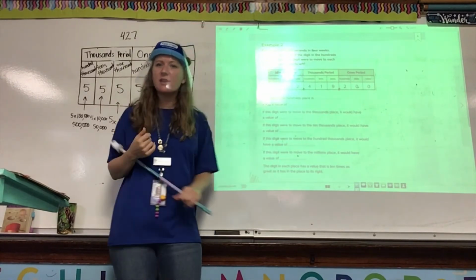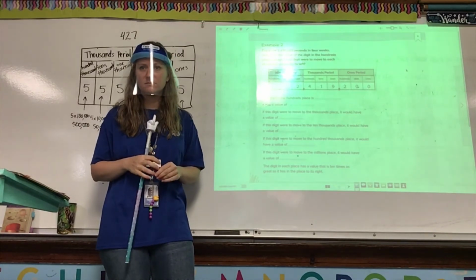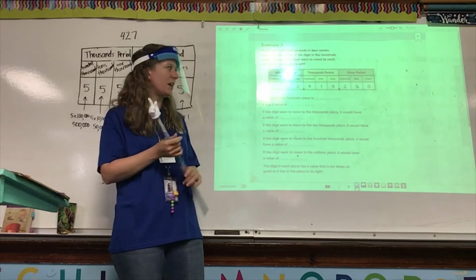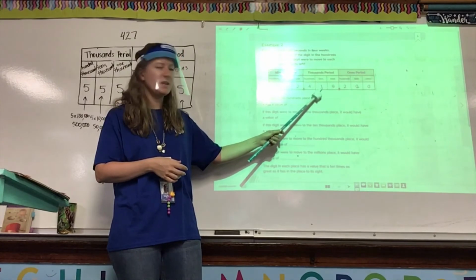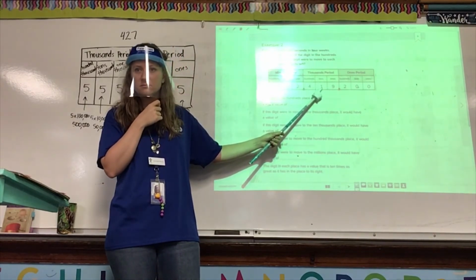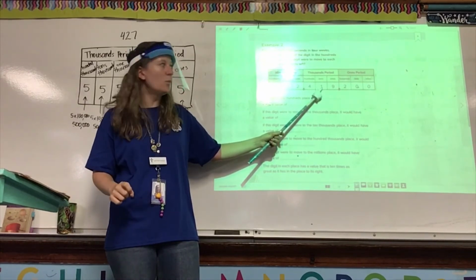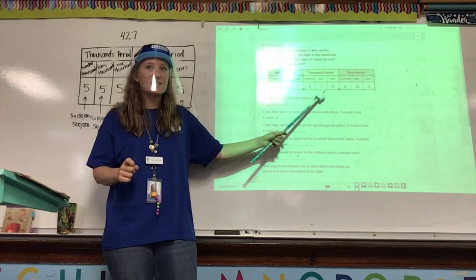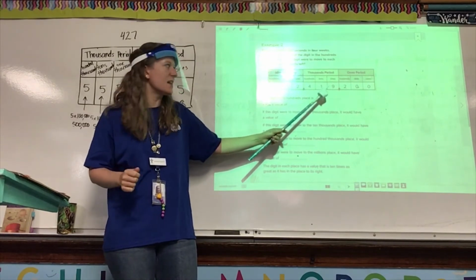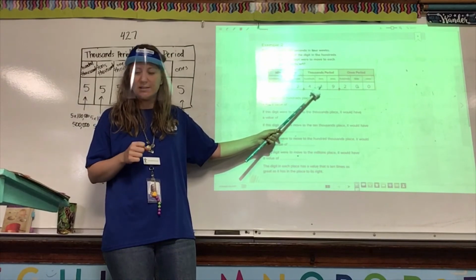Good. How did you know that, Zari? How did you know that if I move this digit 1 place to the left, it was 10 times greater? Because the hundredth is higher than the tens. And what sentence that we just read several times and circled tells us that when we move a digit 1 place to the left, it's 10 times greater?